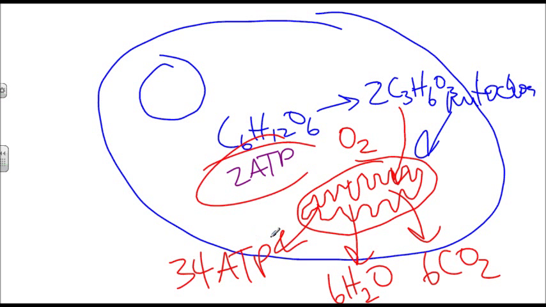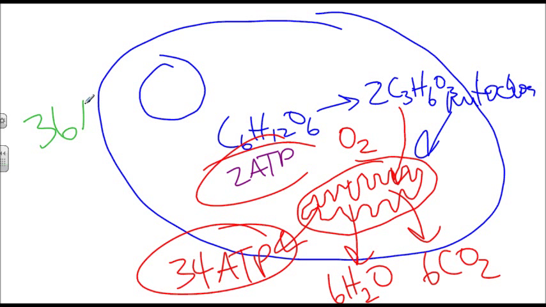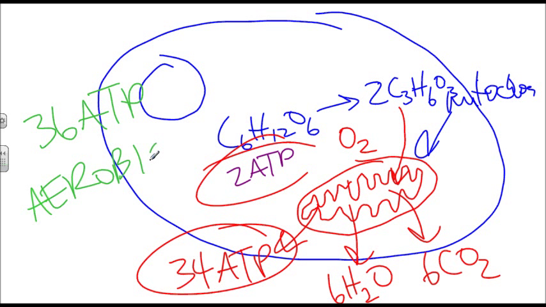So we've got the 2 ATP produced during glycolysis and 34 produced during the Krebs cycle or oxidative respiration, to give us a total of 36 molecules of ATP. And this is when oxygen is present. This is during aerobic cellular respiration.